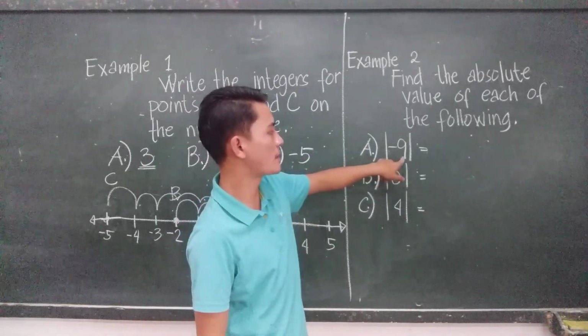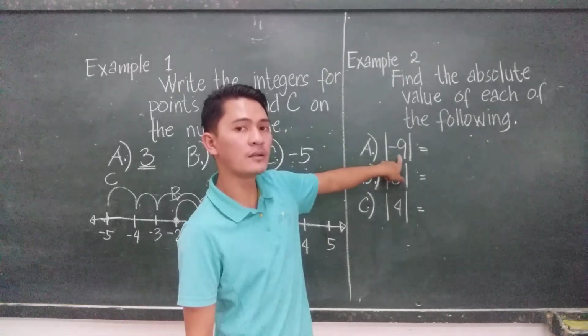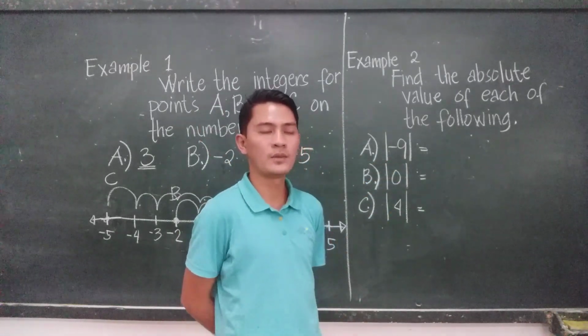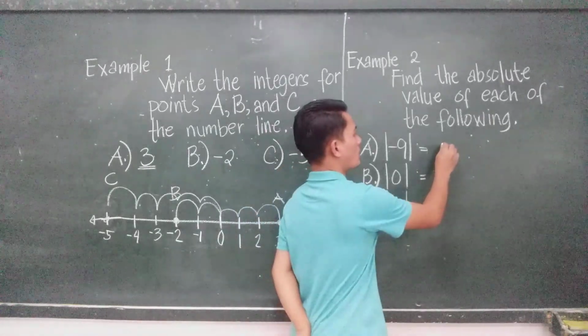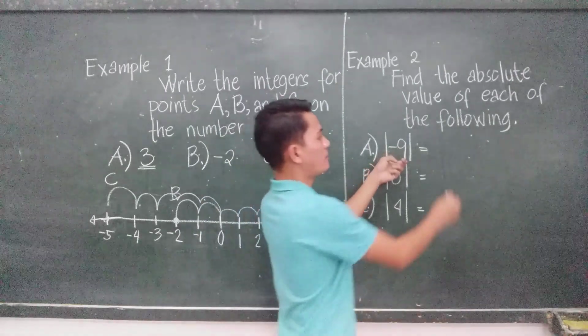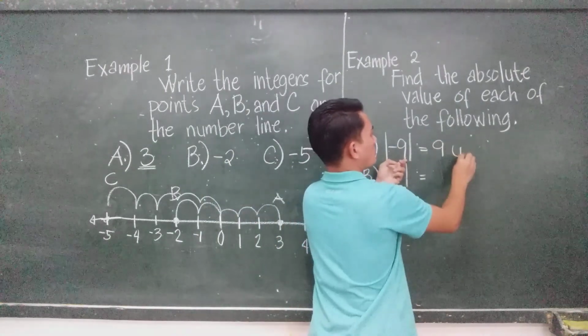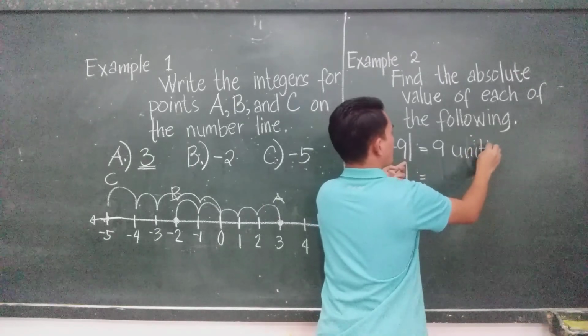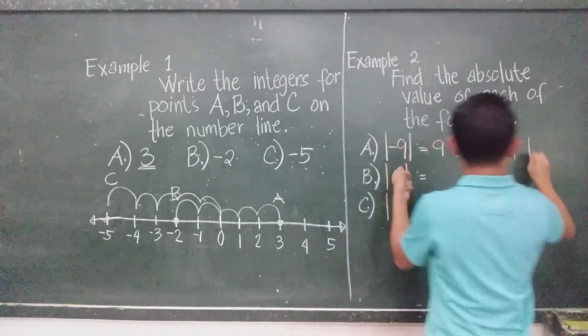How many units is the absolute value of negative 9 on our number line? The absolute value of negative 9 is 9 units on the number line.